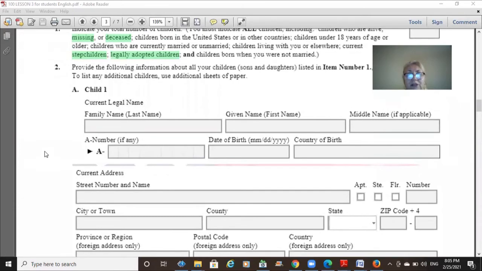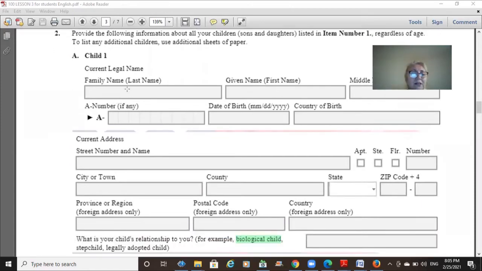And for each child, you will need to provide their full legal name. And the question here can be, what is your child's full legal name? Or they may say, what is this child's last name? Or what is this child's family name?